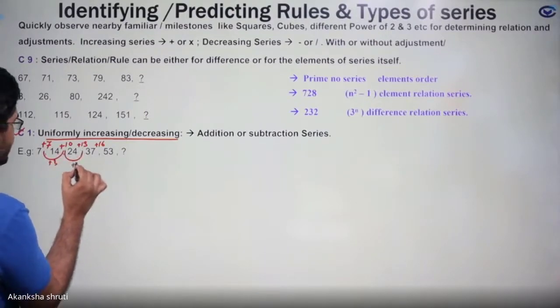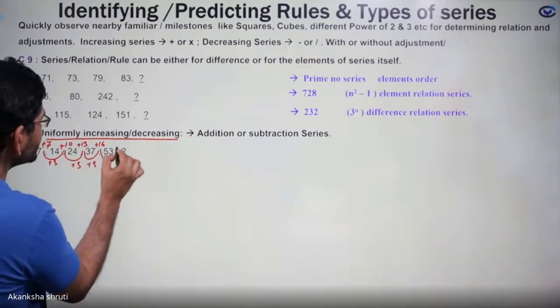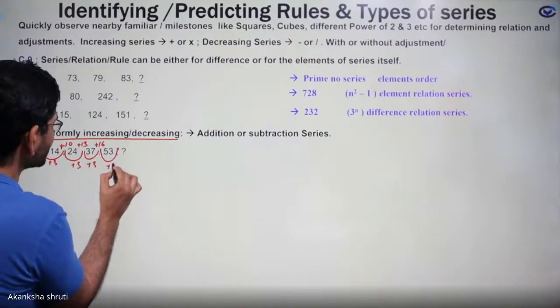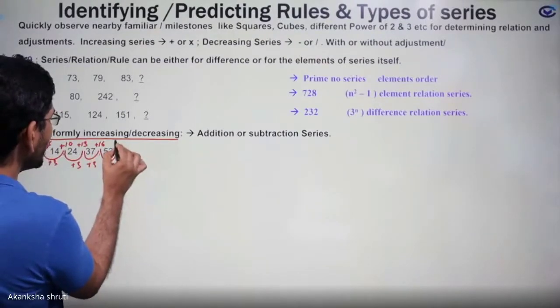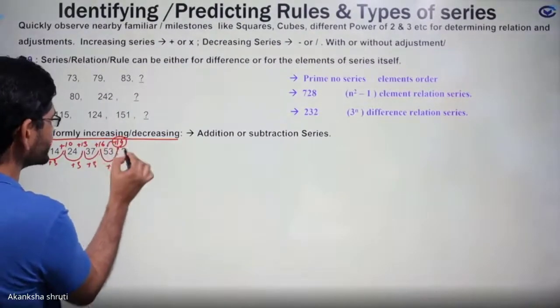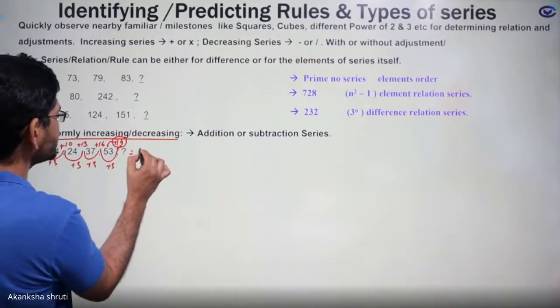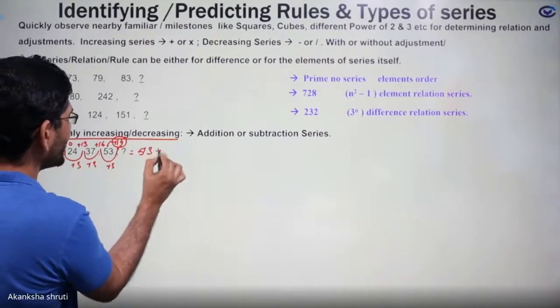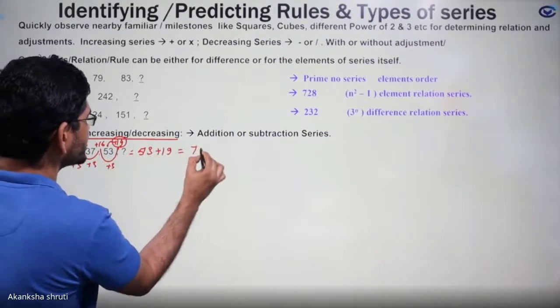This is the difference of differences. It is our 3. Means the next difference that we can obtain is by adding 3 to this 16, it becomes 19. But this 19 has to be added to this 53 to get the unknown number. So the unknown number is 53 plus 19. It becomes 72.